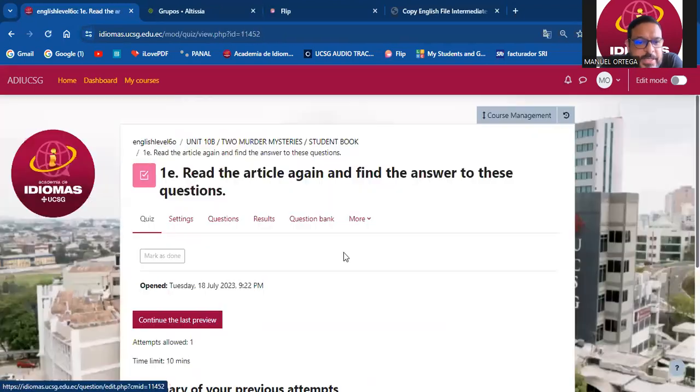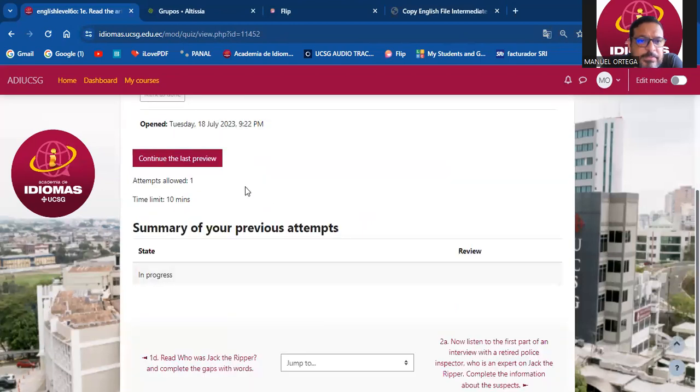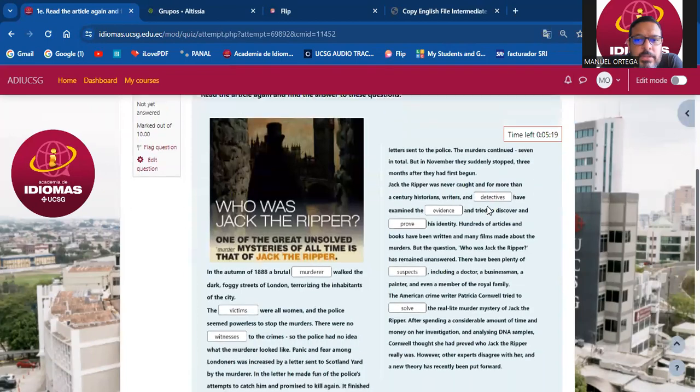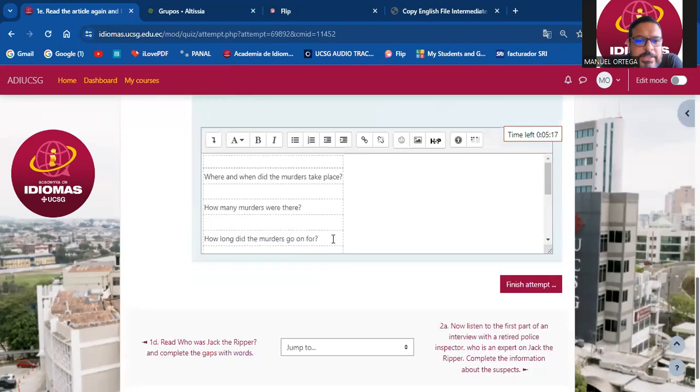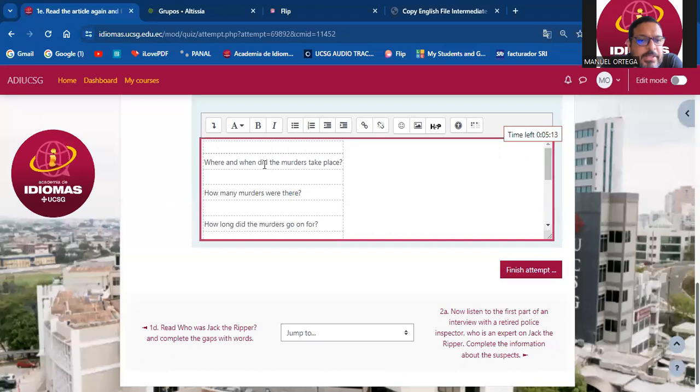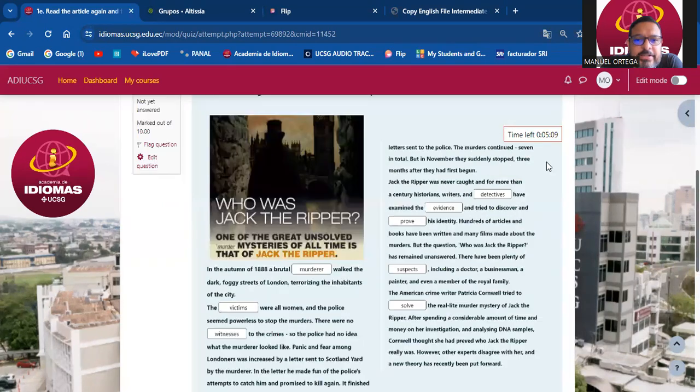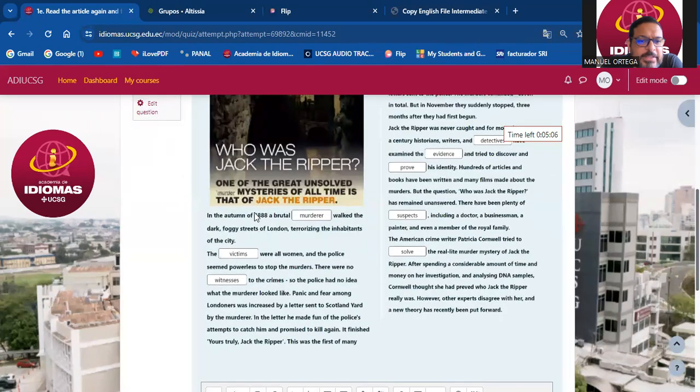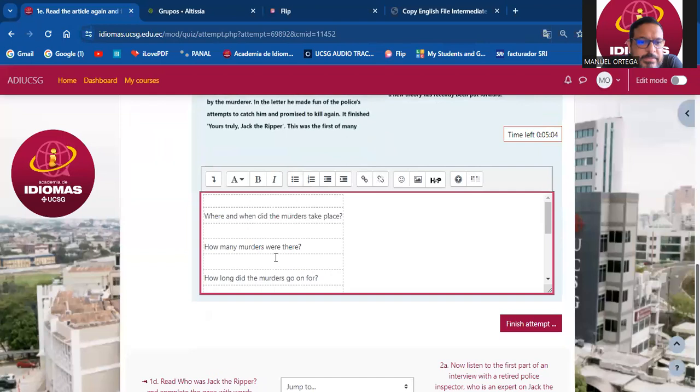Read the article again and find the answer to these questions. Here you have the article, and they are making these questions. So when and where did the murders take place? And in the article, it begins with that, right? 1888 in London. So we go like the first, in London in 1888.